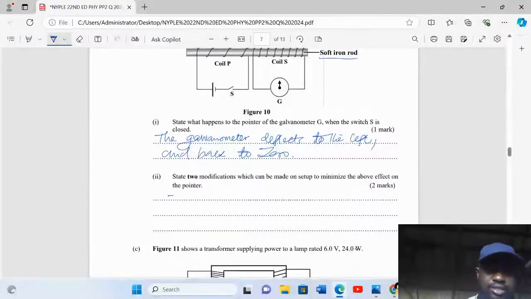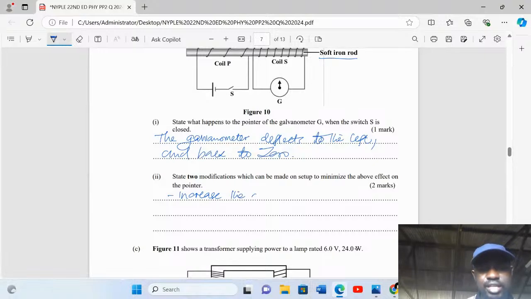In this case, instead of using a common soft iron rod, we can separate the two. Therefore, we can say increase the distance of separation.